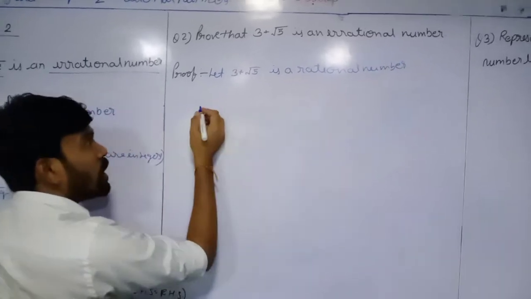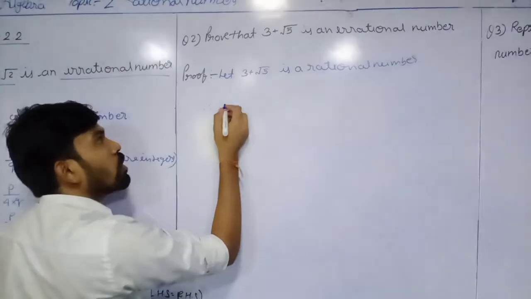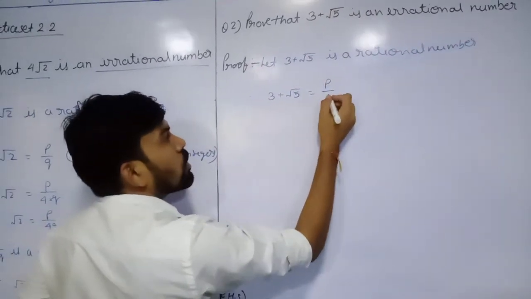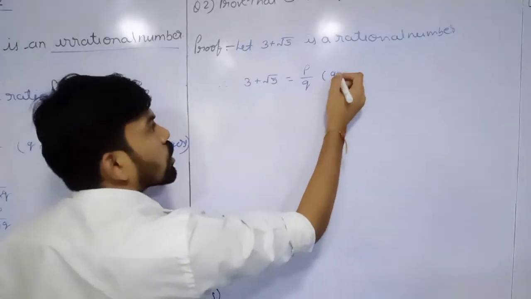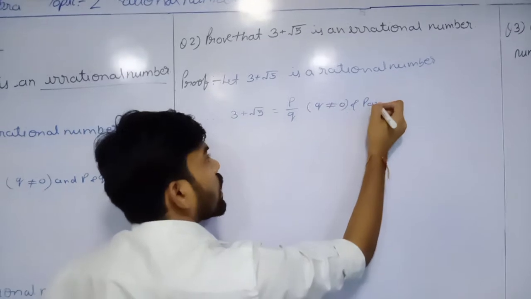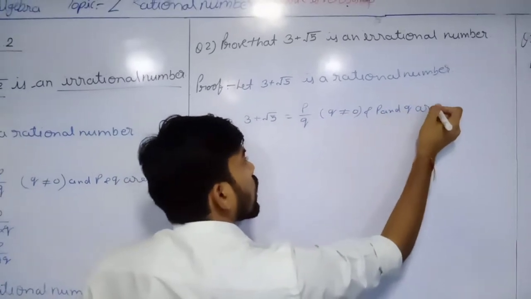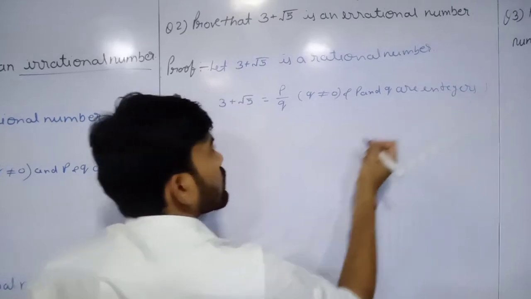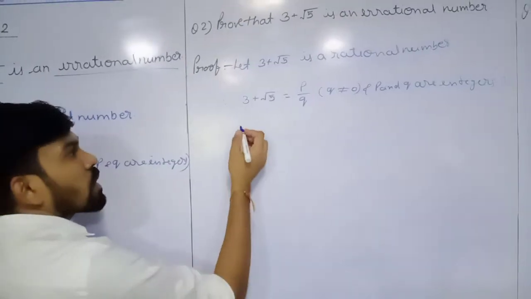We assume that it is a rational number, therefore 3 plus root 5 is equal to p upon q, where q is not equal to 0 and p and q are integers.